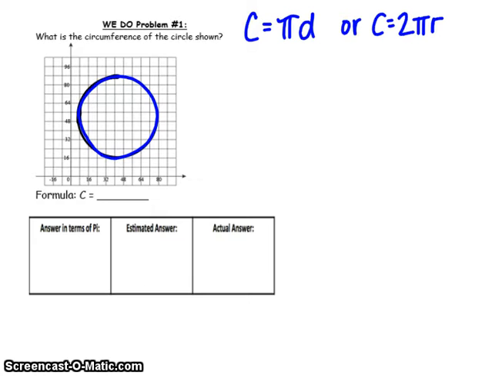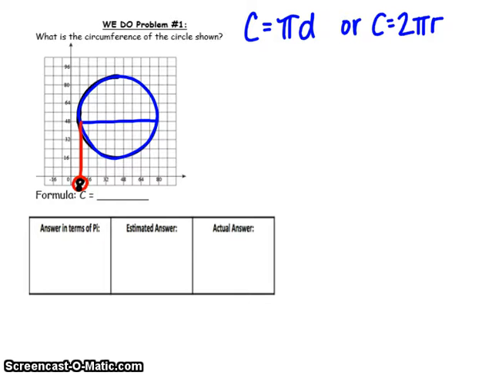What I want to first do is find out what my diameter is. But in order for me to find that out, I have to look at my coordinates here. I'm looking down, and I need to find out what number goes here. Well, it's between 0 and 16, and if you cut 16 in half, that's 8. So it's 8 right there.